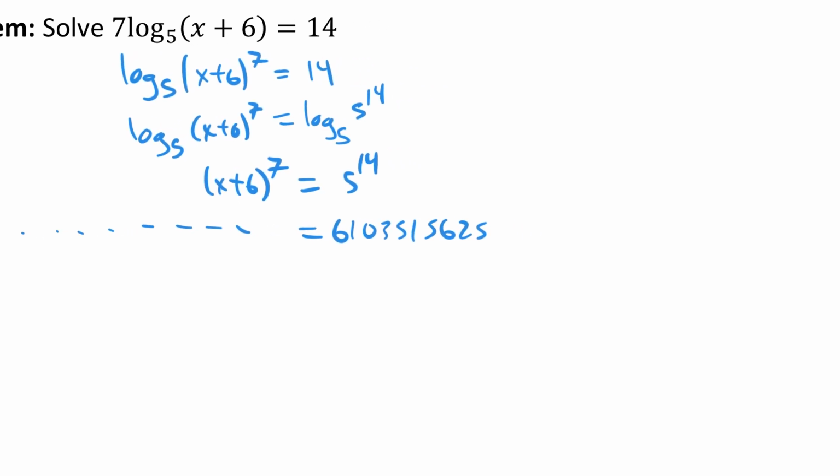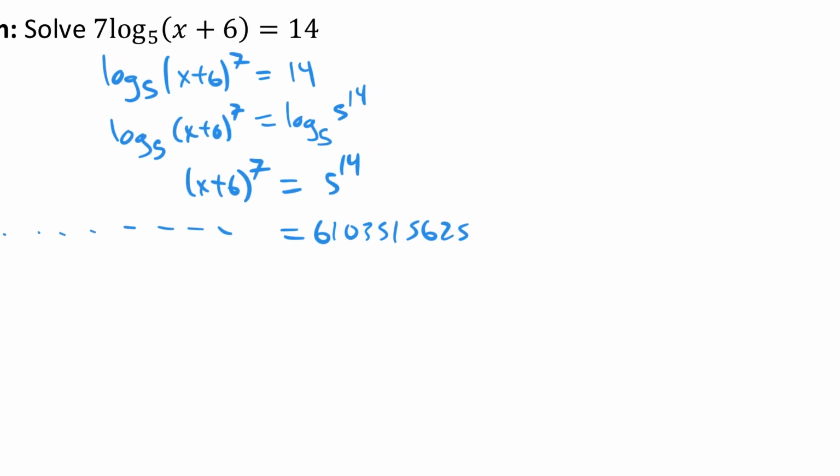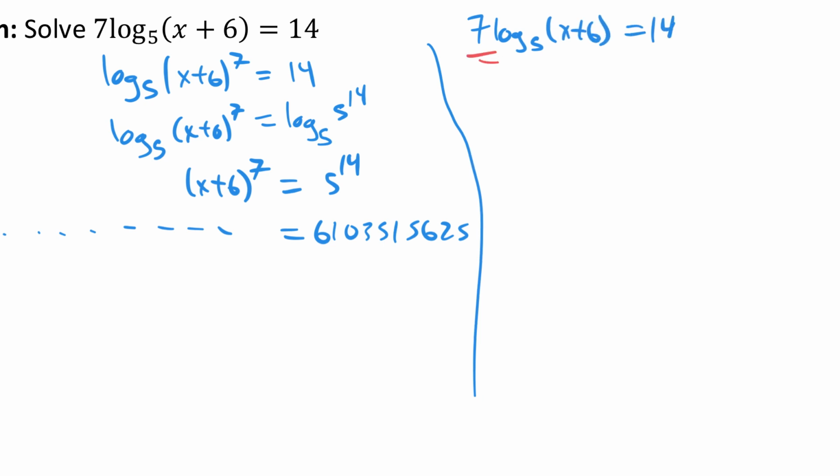Let's instead try the following. Let's divide out the 7. So we have 7 log base 5 of (x plus 6) equals 14. Let's divide by 7. It's going to give me log base 5 of (x plus 6) equals 2.